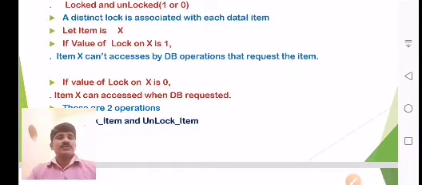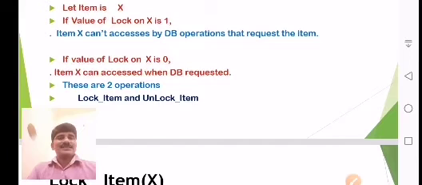And the next one is unlocked. If the value of lock on x is 0, it means x is not locked. So if x is not locked, we can perform all the transactions on x. That means item x can be accessed when the database is requested.